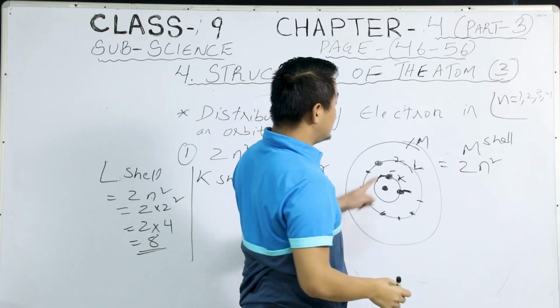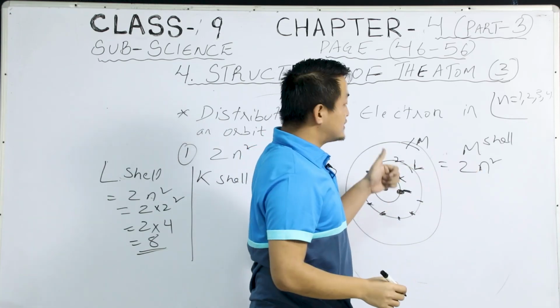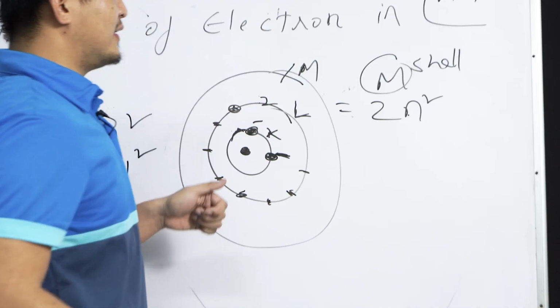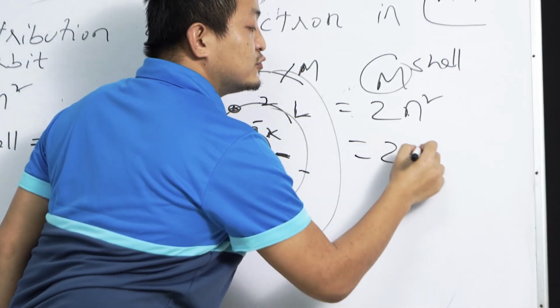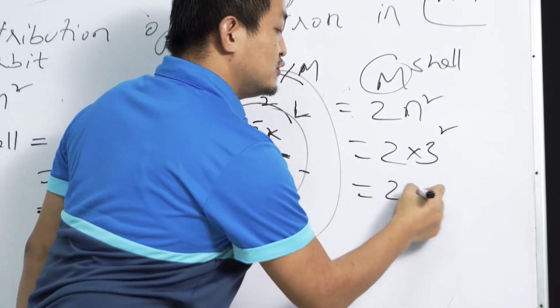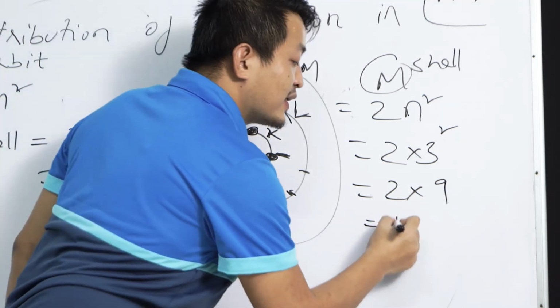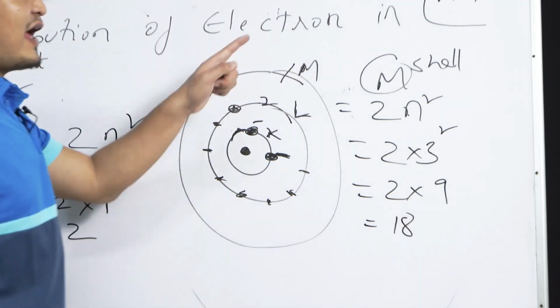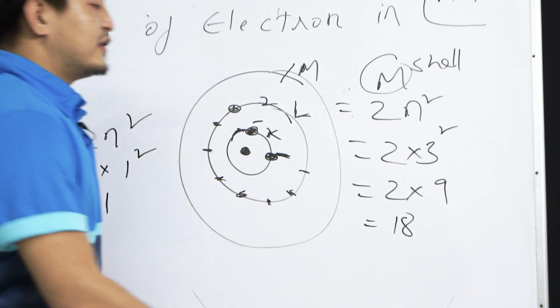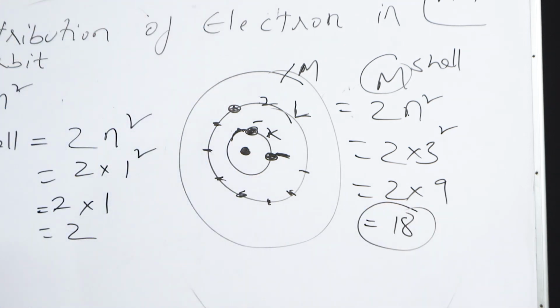The n here is 3 because we are calculating for M. So it will be 2 into 3 square. 3 square is 9, so it will be 18. So in the M shell, the maximum number of electrons we can accommodate is 18.